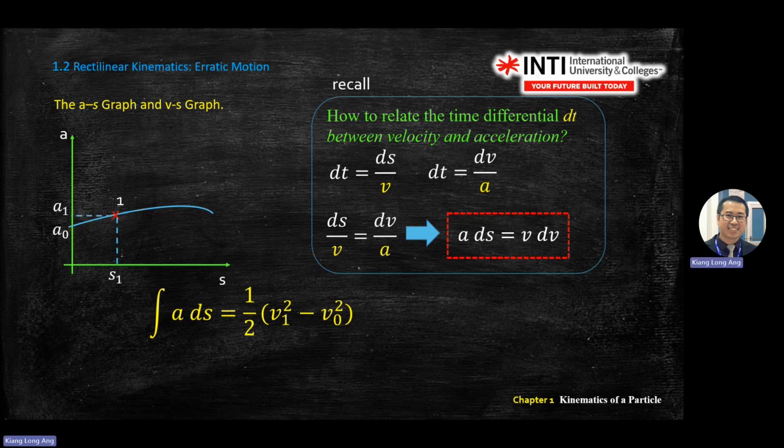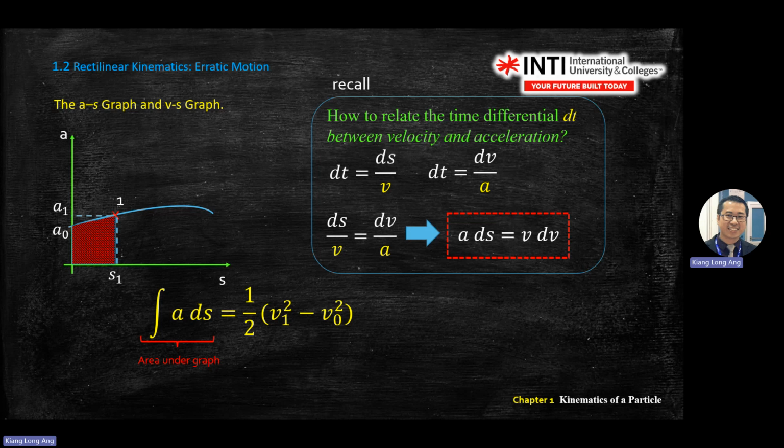So this subscript 1 or 0 depends on the graph point that you are referring to. Everything makes sense? Okay, so from here, on the left-hand side, integrate A ds.